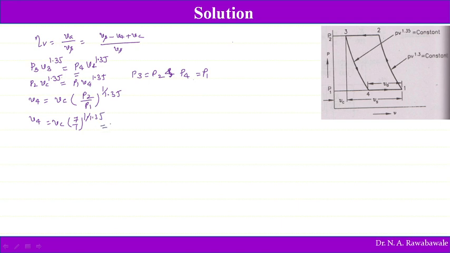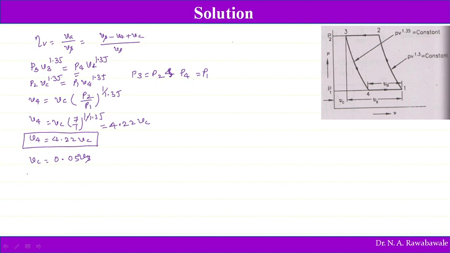We get this as 4.4 Vc. But in the problem it is given that the clearance volume Vc divided by Vs is 0.05.